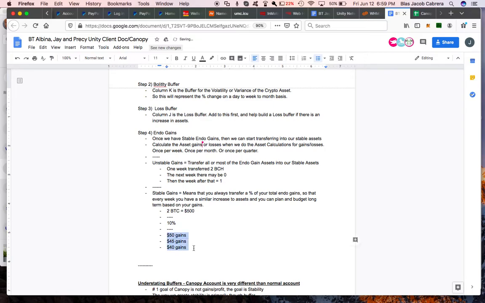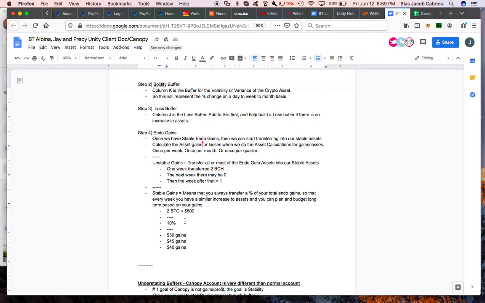So stable gains is definitely much, much better, right? Because then every single week or every single month we would have about the same amount of money coming into our budget, and not only do we have stable assets, we would have stable income, which would allow us to increase our budgets and expand in a way that would never be possible with unstable gains.